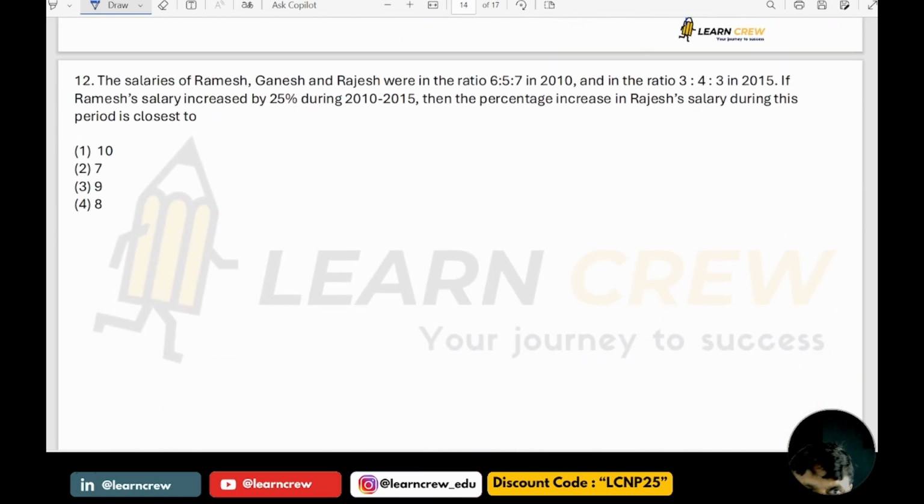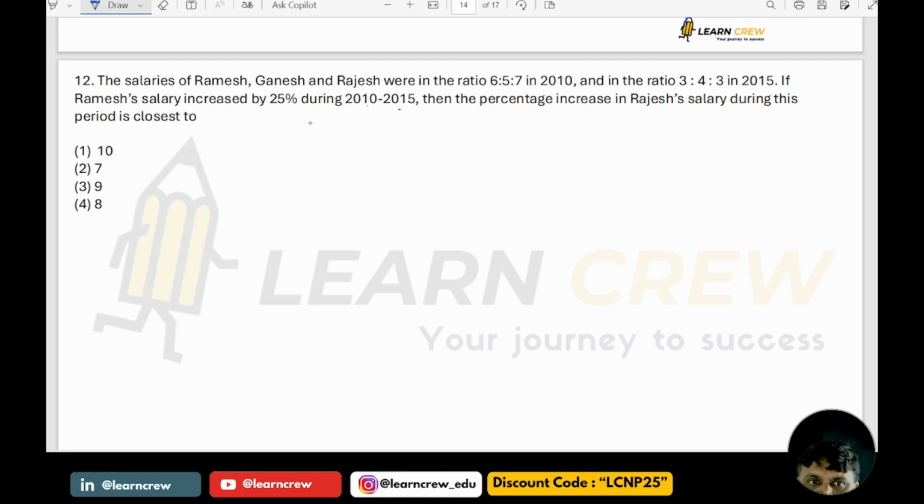Now question number 12. The salaries of Ramesh, Ganesh and Rajesh in the year 2010 were in the ratio 6 is to 5 is to 7, and in the ratio 3 is to 4 is to 3 in the year 2015. If Ramesh's salary is increased by 25% between 2010 and 2015, then the percentage increase in Rajesh's salary during this period is closest to what?